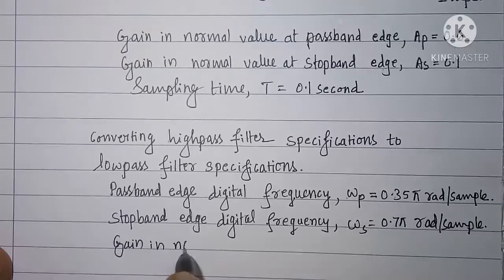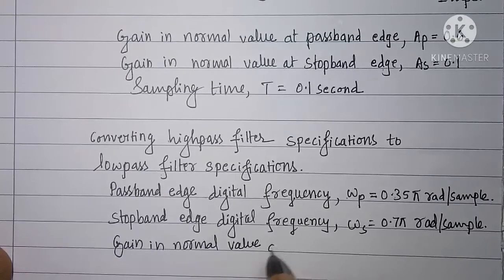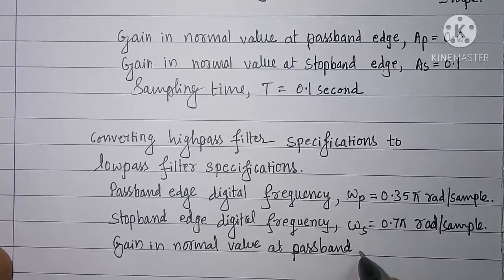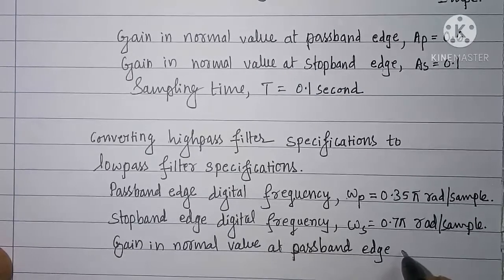Gain in normal value at passband edge will remain same, that is AP equal to 0.6.